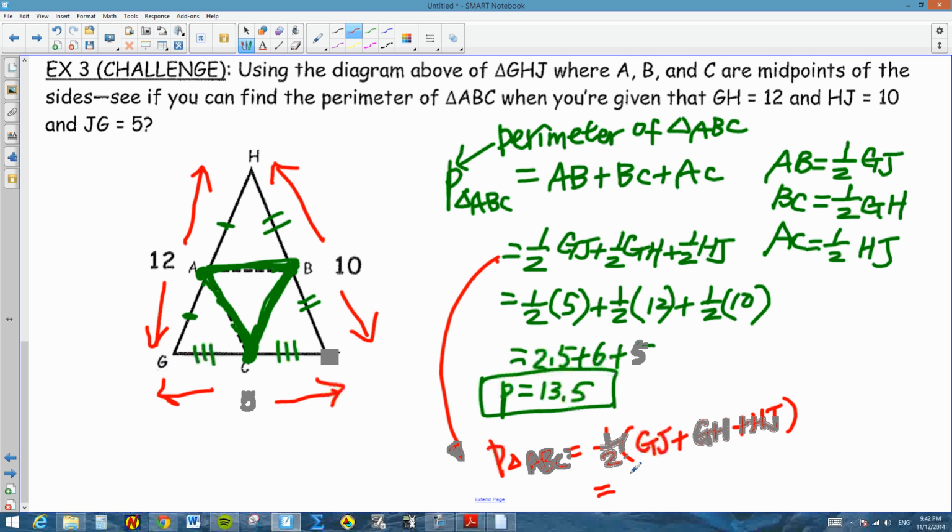That happens to be 1/2 of GJ plus JH plus HG, which is the perimeter of triangle GJH.